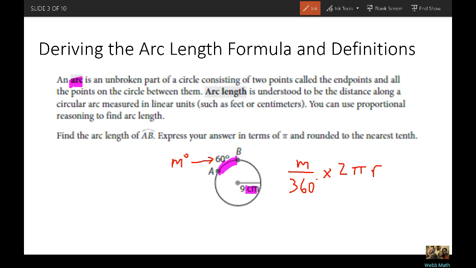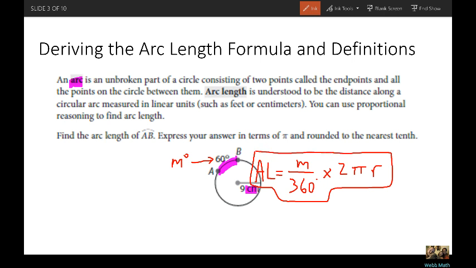So this is the formula for arc length. That is the takeaway. That is the formula to use when trying to find arc length.